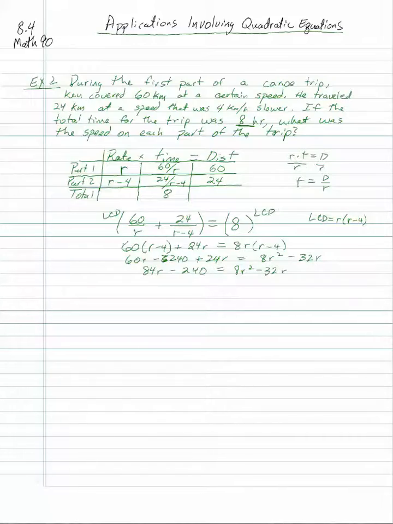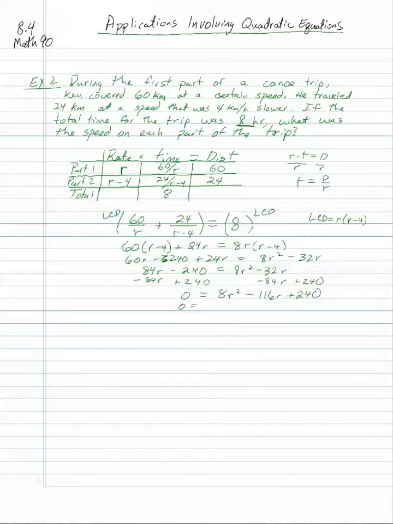Okay, let's get it equal to 0. So subtract 84R, add 240. So 0 equals 8R squared minus 116R plus 240.